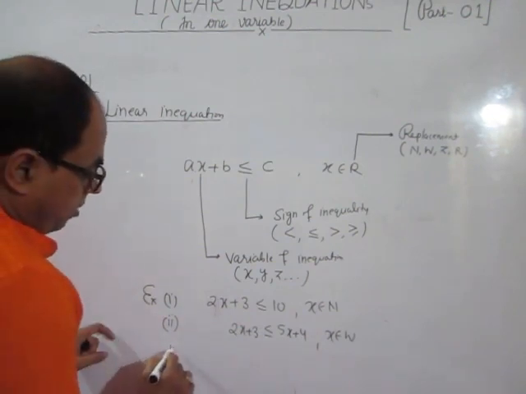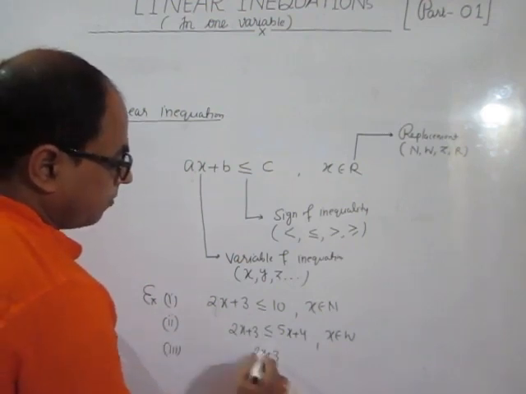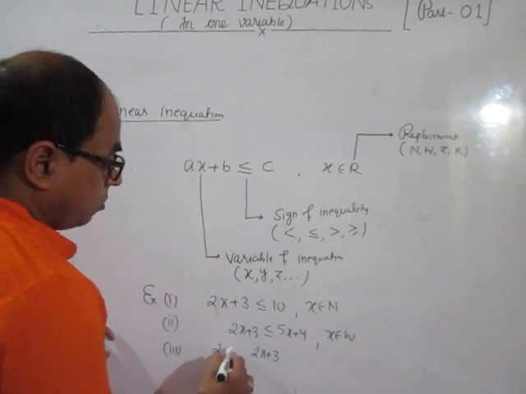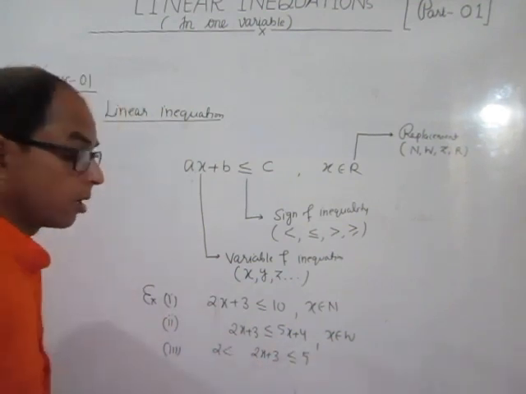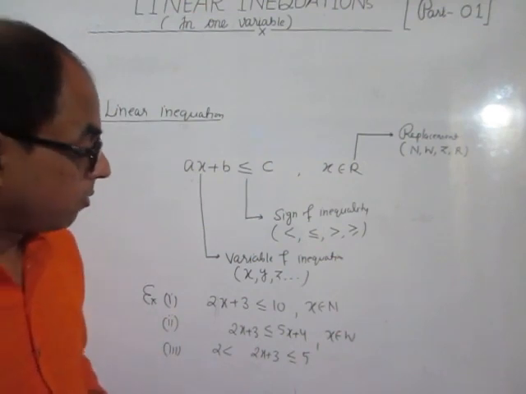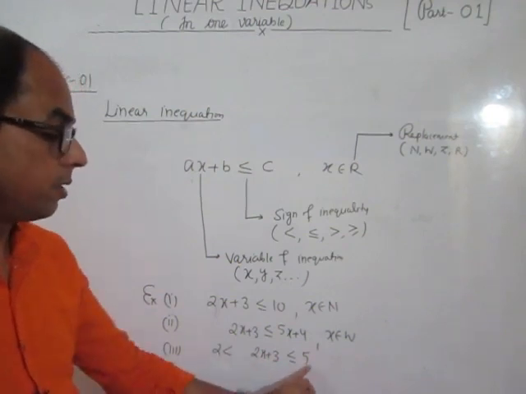Now third, suppose I am writing 2x plus 3 is greater than 2 and less than or equal to 5. Now this is also an example of linear inequation. Why? Because here we have compared a linear equation with two constants.